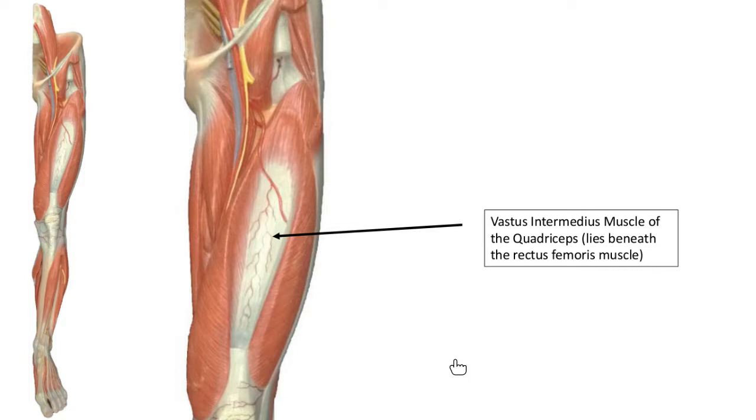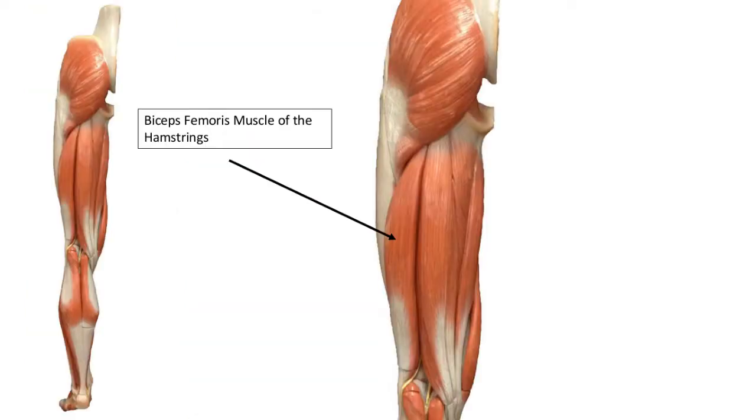Okay, so let's go onto the back side of the lower extremity, onto the hamstrings. We have 3 muscles that we need to know. The first one, which is most lateral, is the biceps femoris muscle.